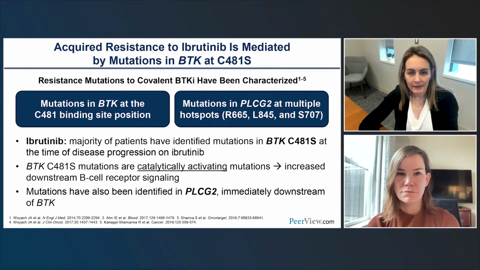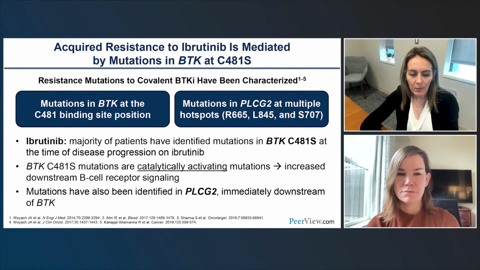So this slide highlights that ibrutinib, while a very effective treatment for patients with CLL that has undoubtedly transformed outcomes for many patients, has a limitation: at the time of clinical progression on ibrutinib, the majority of patients have mutations identified in the BTK cysteine 481 residue. These are activating mutations that lead to increased phosphorylation of BTK and downstream B-cell receptor signaling.